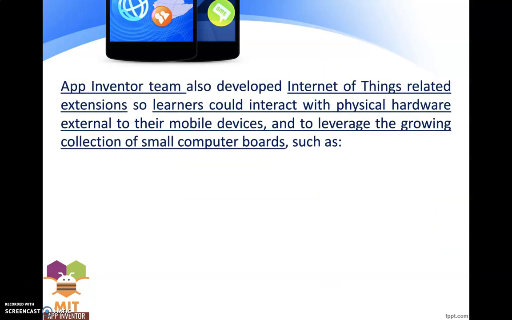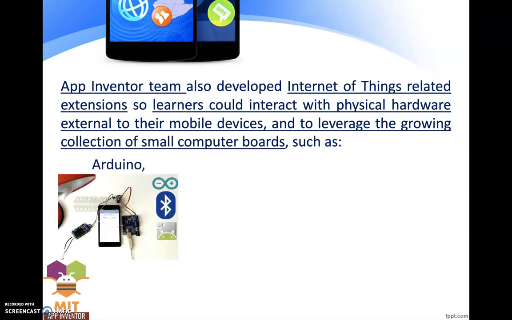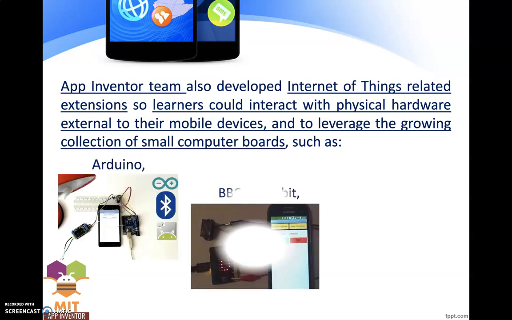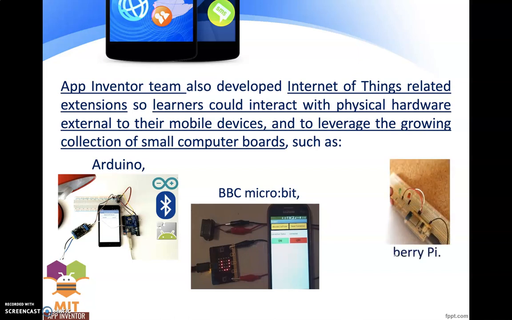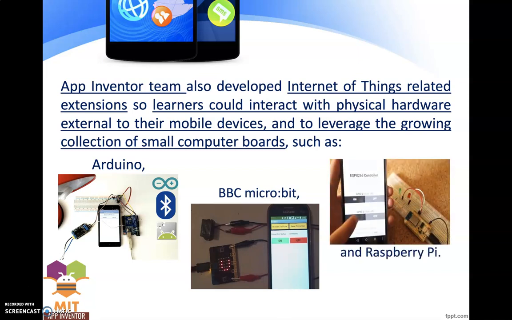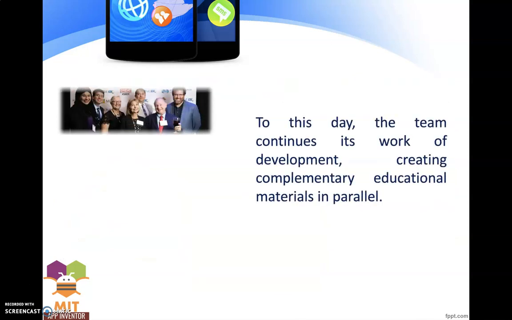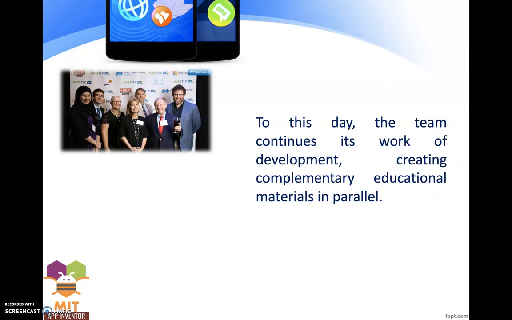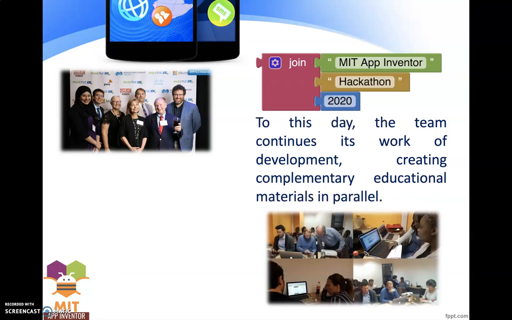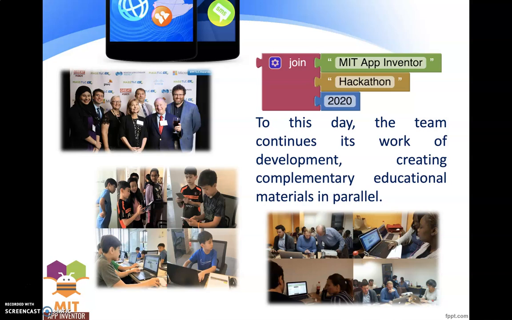The App Inventor team also developed Internet of Things related extensions, so learners could interact with physical hardware external to their mobile devices, and to leverage the growing collection of small computer boards such as Arduino, BBC micro:bit, and Raspberry Pi. To this day, the team continues its work of development, creating complementary educational materials in parallel.